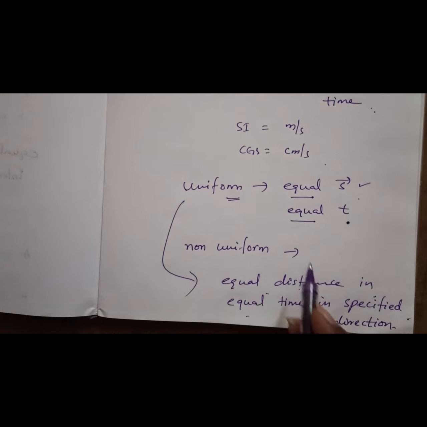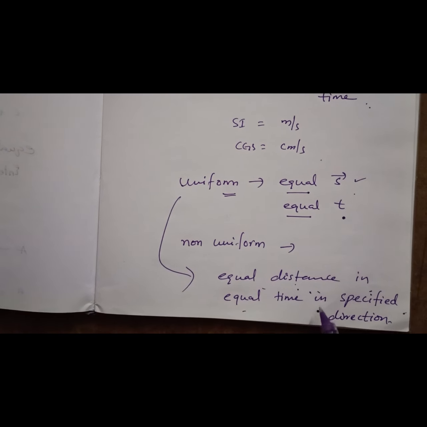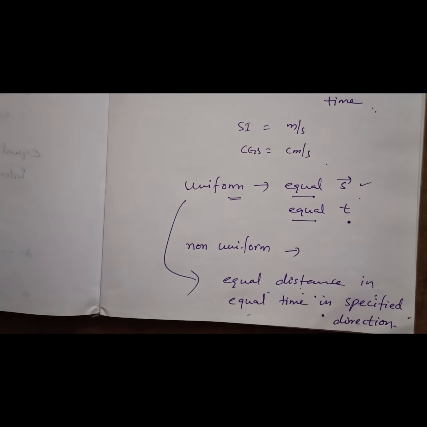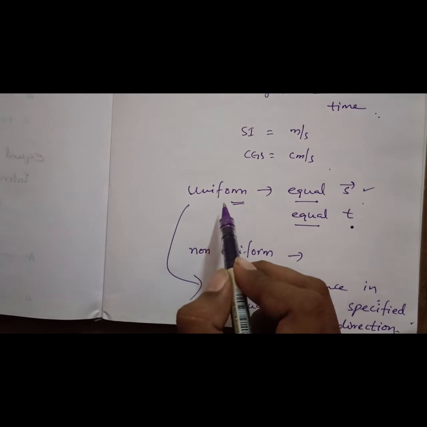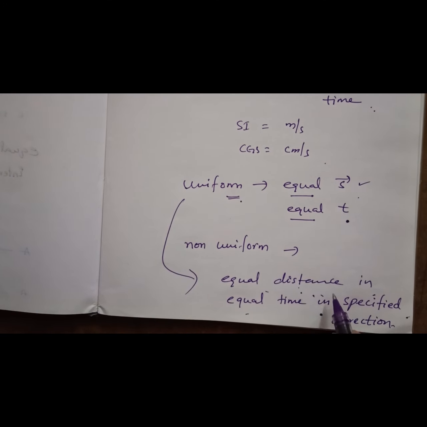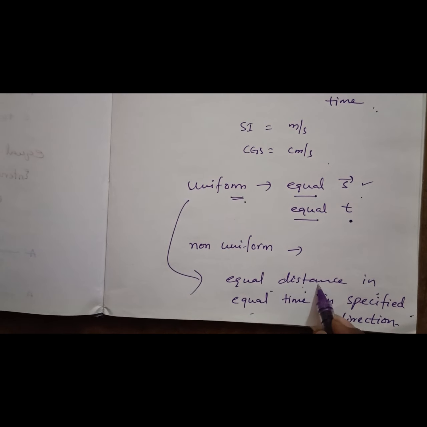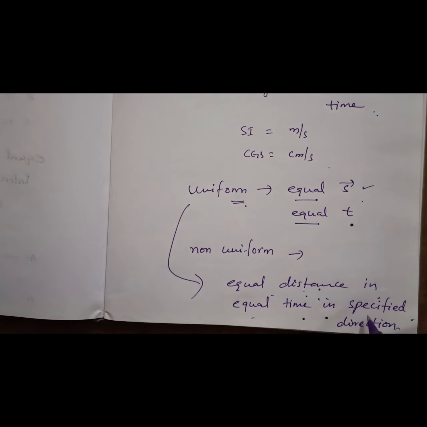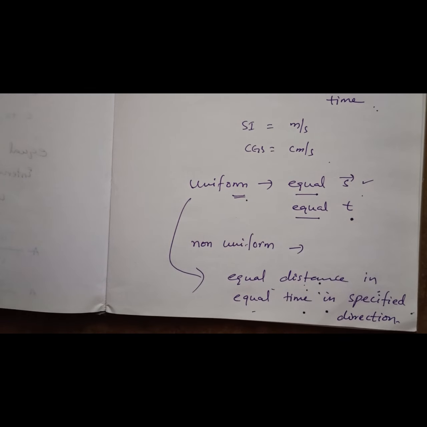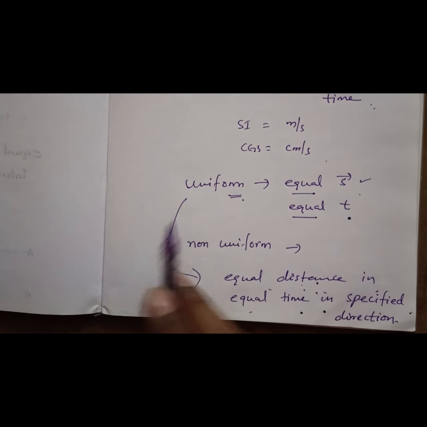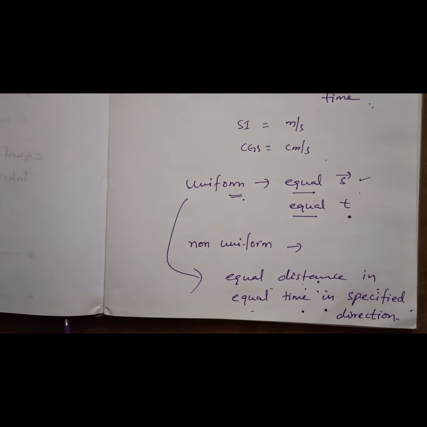If distance has a direction, it becomes displacement. So we can say uniform velocity in terms of distance also. If a body travels equal distance in equal intervals of time in a specified direction, then it is uniform velocity.